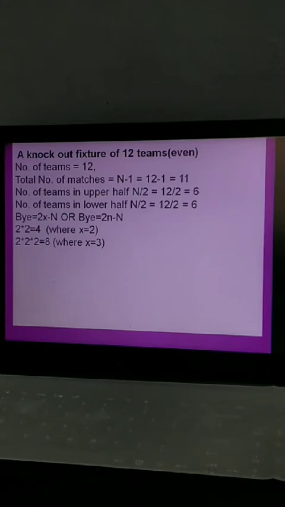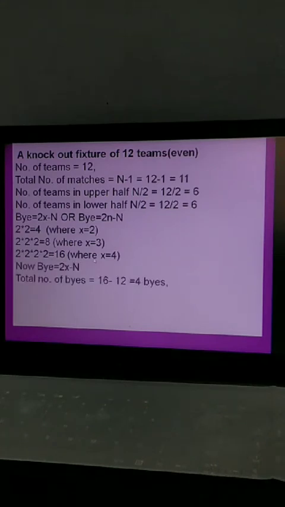So 2 to the power 2 we are taking, then 2 into 2 equals 4, where x equals 2. 2 to the power 3, 2 into 2 into 2 equals 8, where x equals 3. Then we can take 2 to the power 4, 2 into 2 into 2 into 2 equals 16, where x equals 4.